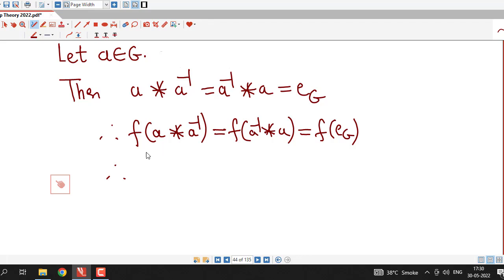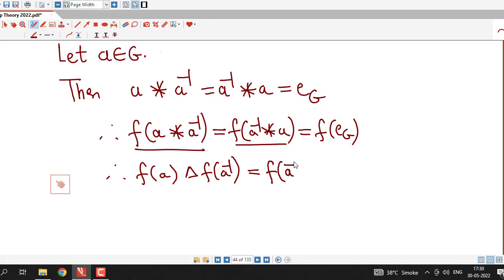Now because f is a homomorphism, this I can replace by f(a) ∗ f(a⁻¹). Similarly, using the definition of homomorphism, this I can rewrite as f(a⁻¹) ∗ f(a), and f(e_G) equals e_H.